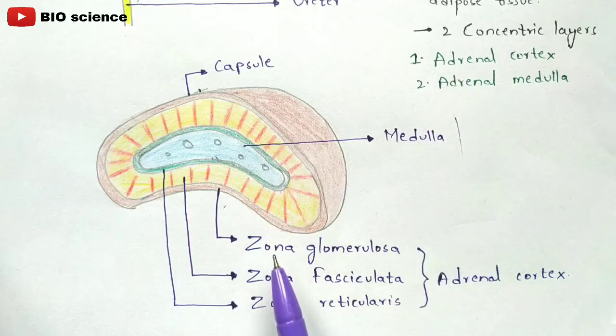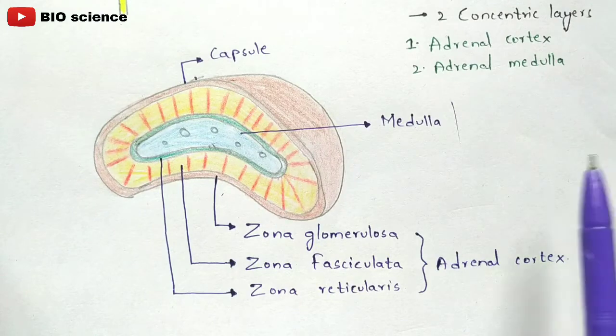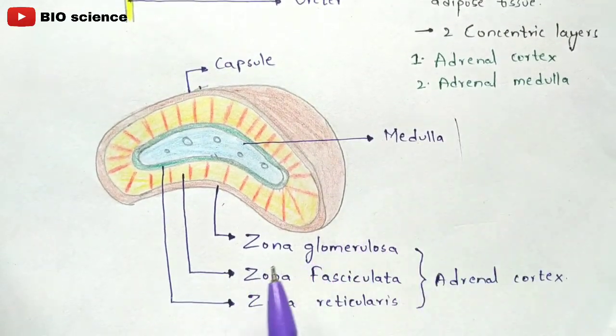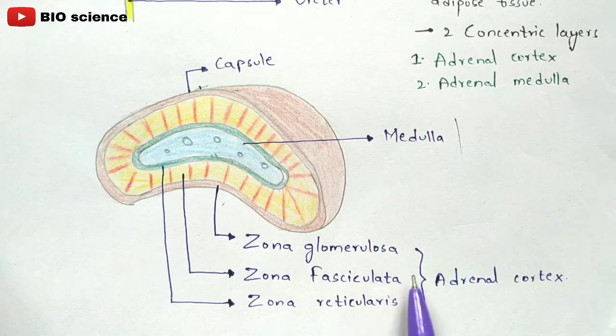What are those three zones? Zona glomerulosa, zona fasciculata, zona reticularis. These are the three layers, zones or sublayers present in the adrenal cortex. These three together constitute the layer called adrenal cortex.